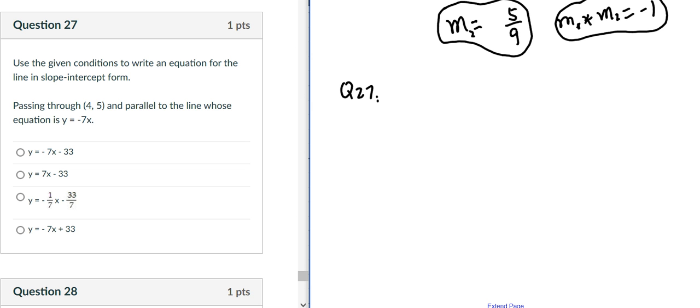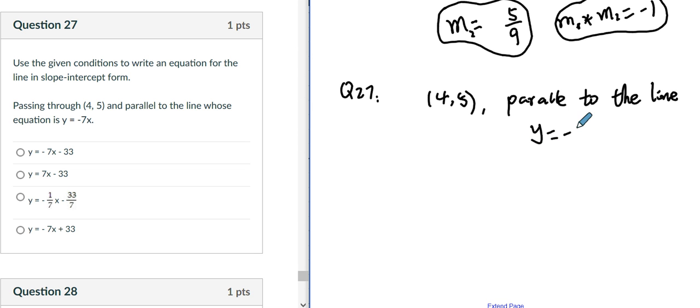We know (4, 5) is on the line, and we also know this line is parallel to the line y equals -7x.